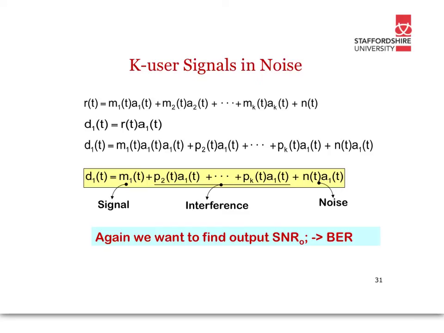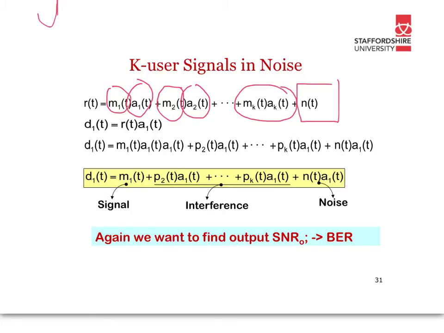So as I've already mentioned, at the receiver side we have our actual message times our spreading code: message 1 times spreading code 1, plus message 2 times spreading code 2, all the way up to message K times code K, plus our noise. And we always have the receiver, so D1 of T is R times A1.